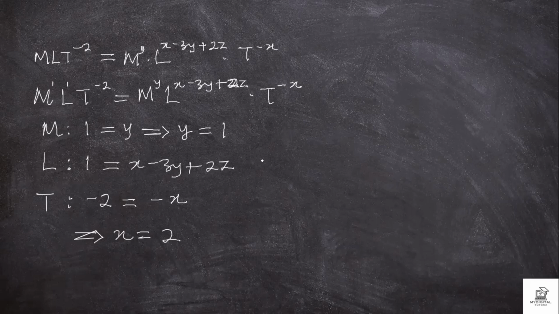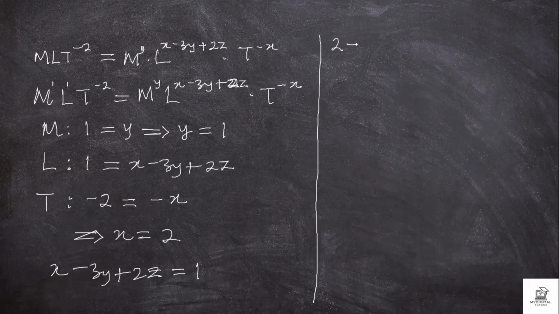To get the value of z, we have from this, x minus 3y plus 2z is equal to 1. By substituting the value of x and y, we have x is 2 minus 3 into bracket y, and y is 1, plus 2z is equal to 1.